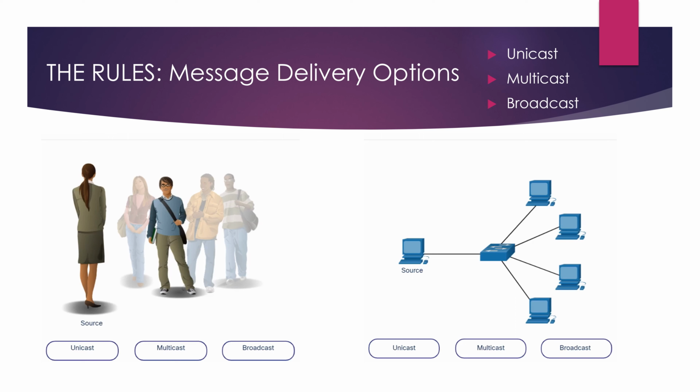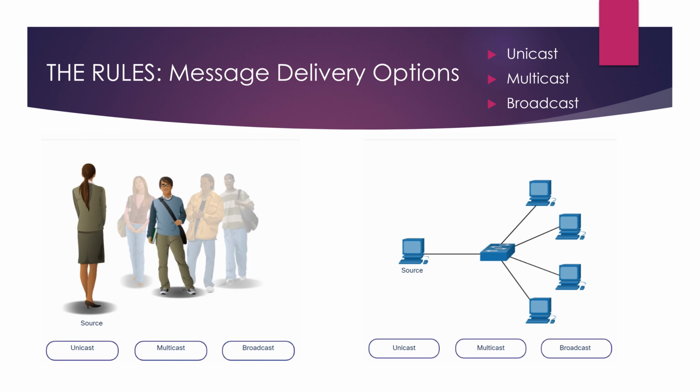When a person wants to communicate information to a single individual, it is called unicast communication. So one person as the source with one destination. But when the person needs to communicate the information to a group of people, it is called multicast communication.